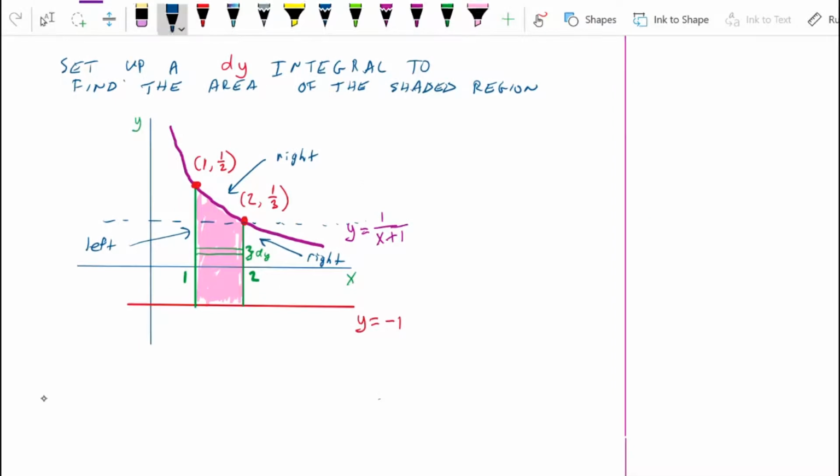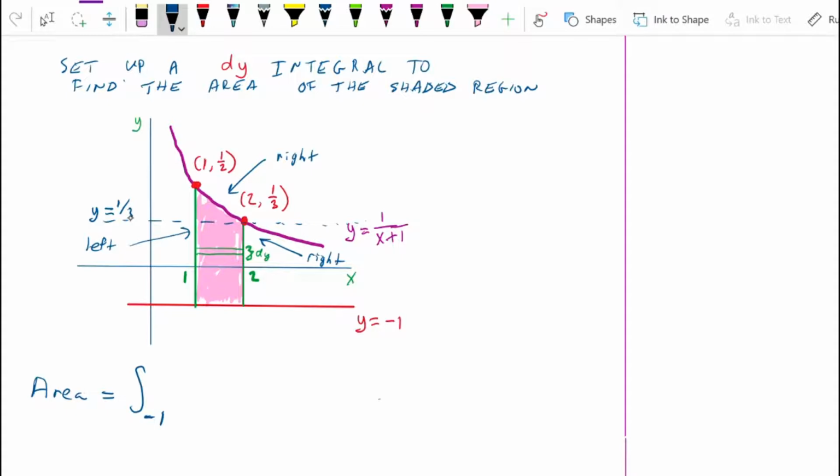So let's say area. We want to find the lowest possible y value, and we can easily see that that's y equals -1. That's the bottom of the region. And we want to integrate first up to the dotted line. That dotted line, you can see the y value there is 1/3, so this is going to be y equals 1/3.